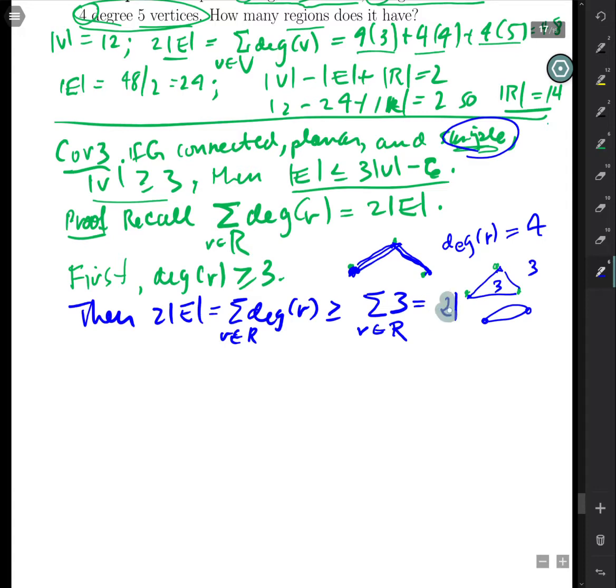So the sum of the degrees of the regions has to be at least 3 times the number of regions if each has degree 3 or more. So we have this relationship between the number of edges and the number of regions. In other words, I'll turn this around and say the number of regions is less than or equal to 2/3 the number of edges.